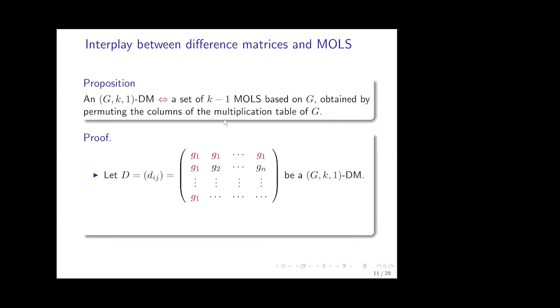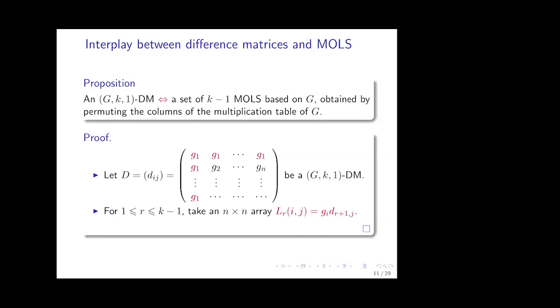Now we want to construct k minus 1 Latin squares, and each row from the second row will contribute a Latin square. For example, we want to construct a Latin square from the second row. Because the first row is the identity, the second row will be a permutation of the group G. So now we can construct a Latin square using the multiplication table of the group.